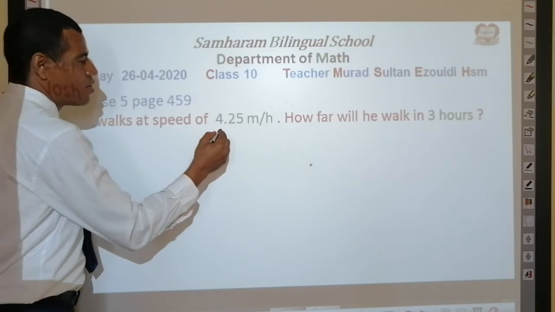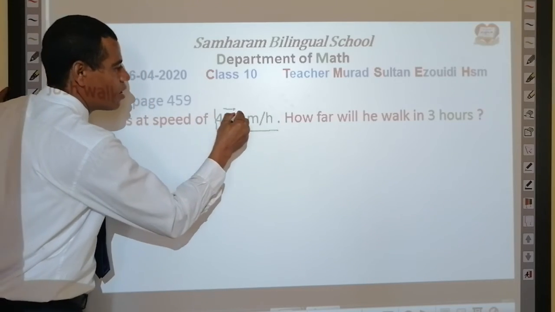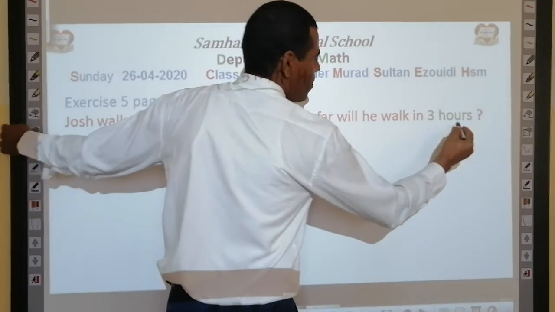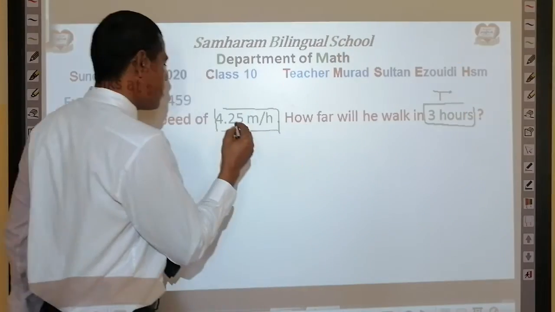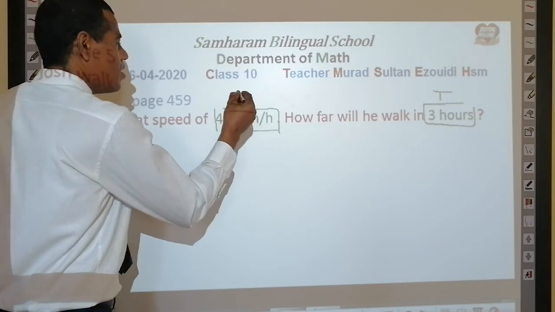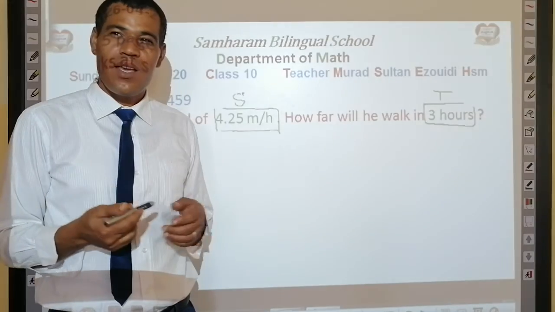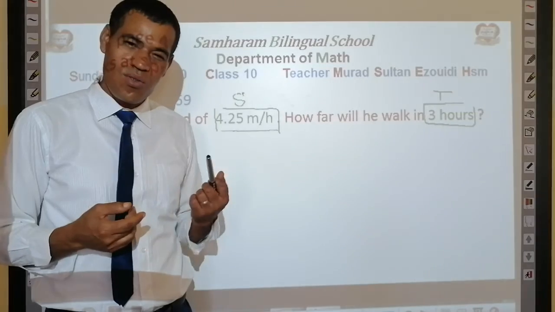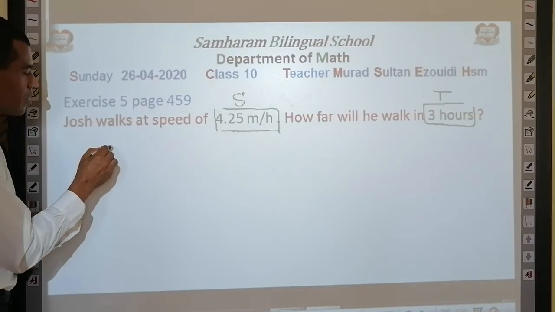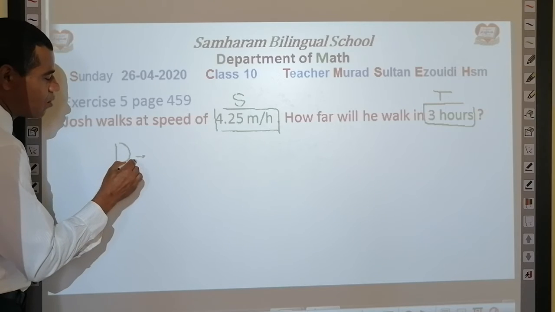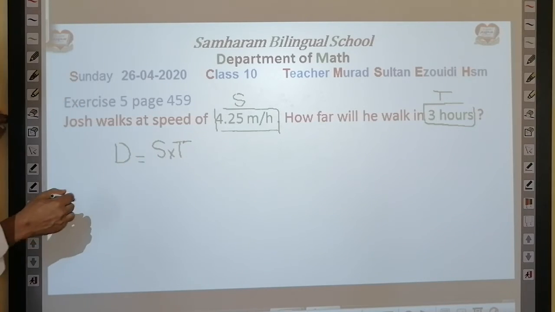We told the speed is what, my learners? Is 4.25. And the time is 3 hours. So this is time and this is the speed. So the question is dealing with what exactly? The time and the speed are given, so you should work out the distance traveled. So distance, my learners, is equal to speed multiplied by the time. What is the speed?